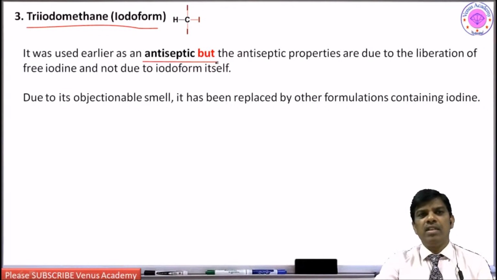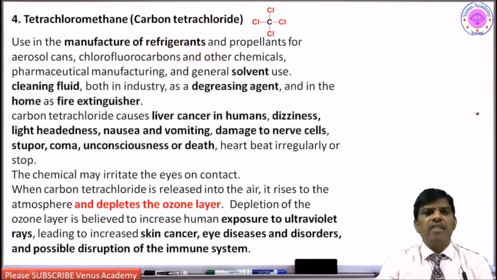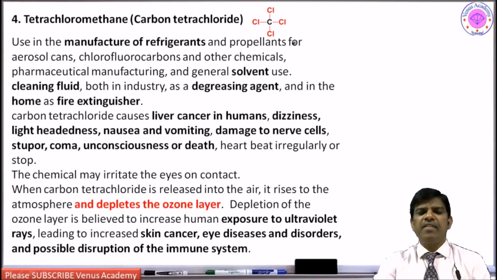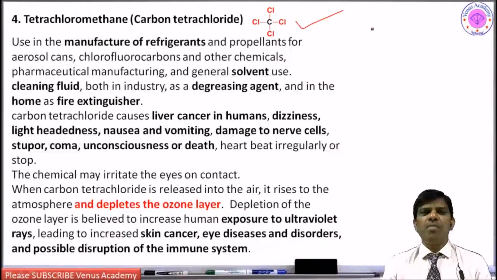Tetrachloromethane, carbon tetrachloride, is also a very common solvent in organic chemistry, like bromine in CCl4. It is used in huge amounts for the preparation of refrigerants, freons, general organic solvent and cleansing fluid, and it was even used as a fire extinguisher at home.